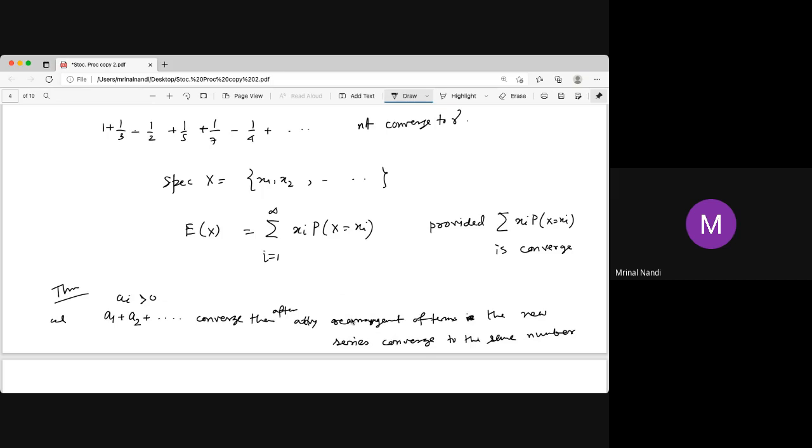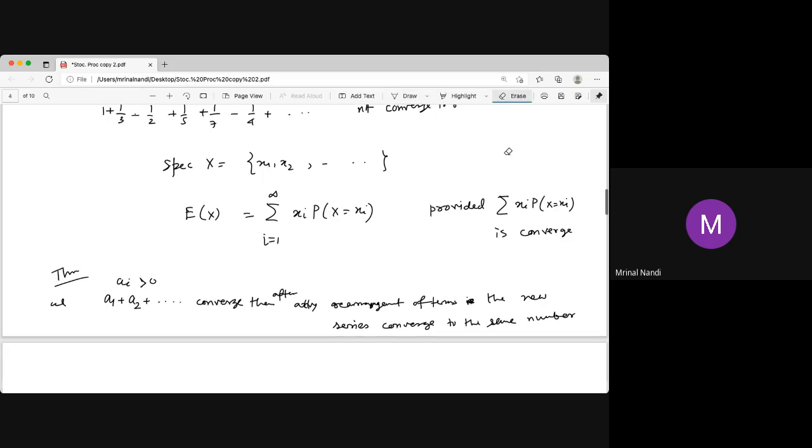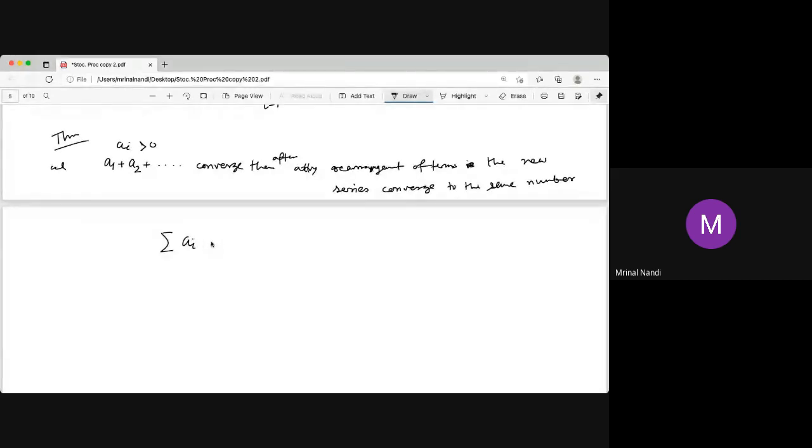If such a thing happened that, say, this converges, but if you take the mod value of the terms, it does not converge. It may happen.